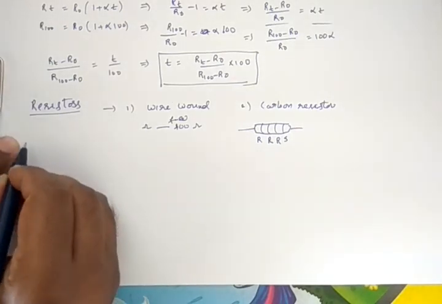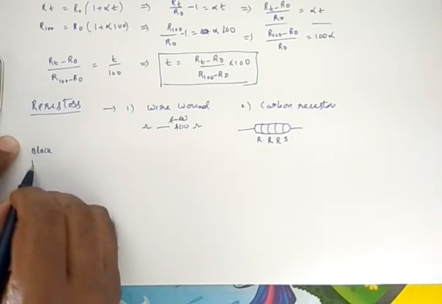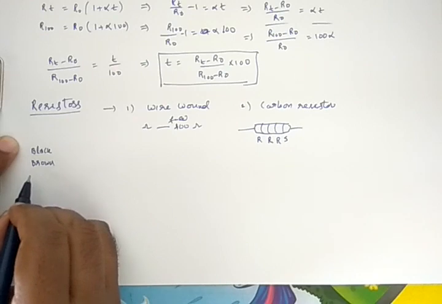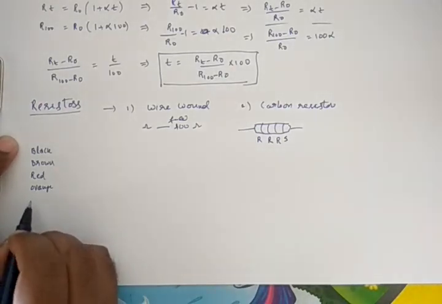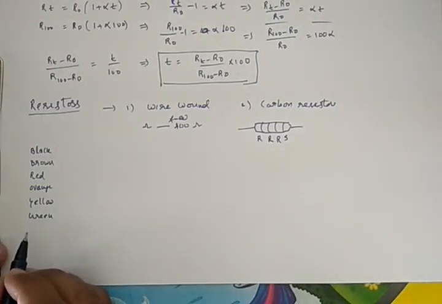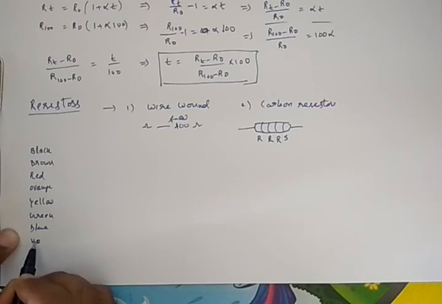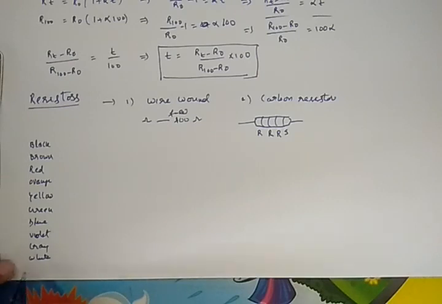The colors are: first color is black, the second color is brown, third color is red, fourth color is orange, fifth color is yellow, next is green, next is blue, next one is violet, next one is gray, next one is white, next one is gold, and next one is silver.